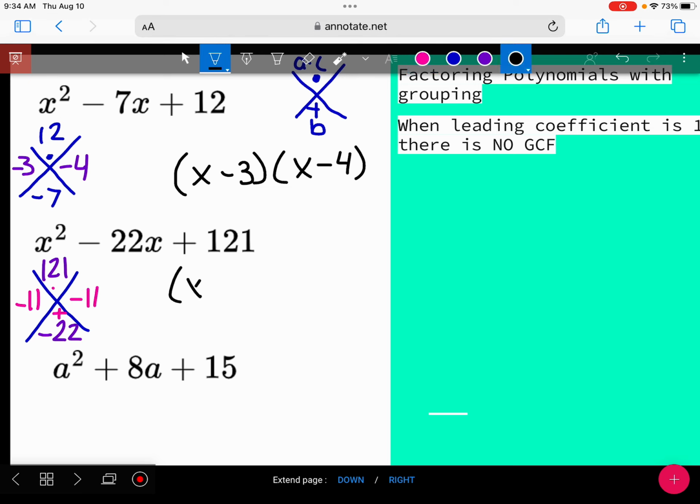So we get X minus 11 and X minus 11, or X minus 11 squared. Starting to notice those perfect squares would be a great thing to notice in there. If we remember that difference of 2 squares one, that would be a handy one to notice.